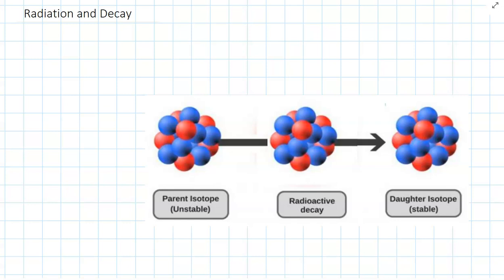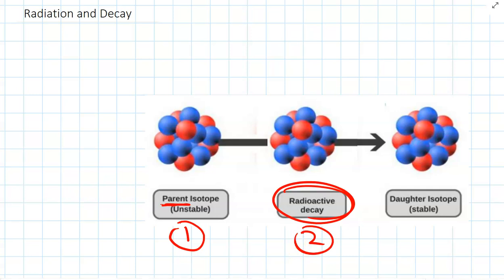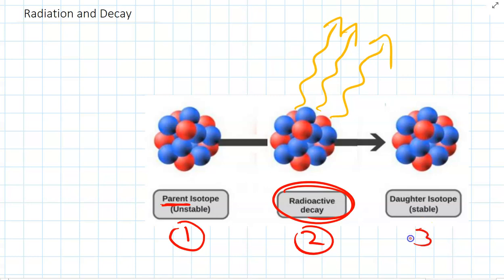In this example, we start off with an isotope, which we call the parent isotope, and then that isotope decays as step 2, and it releases some radiation, which is a whole stream of energy flying out of that atom. And then after it's released the radiation, we call it the daughter isotope.